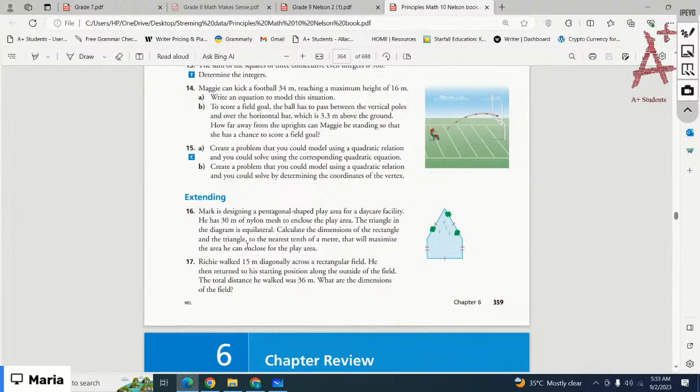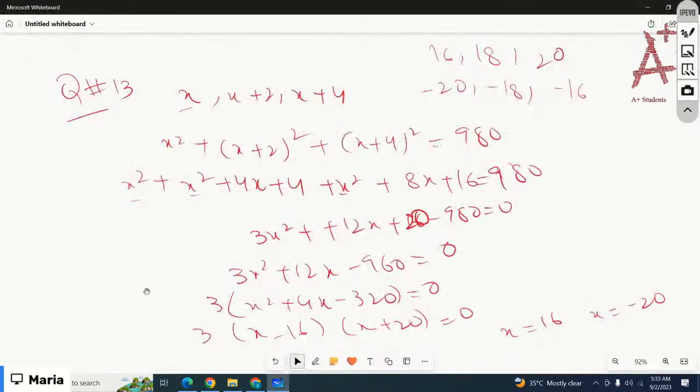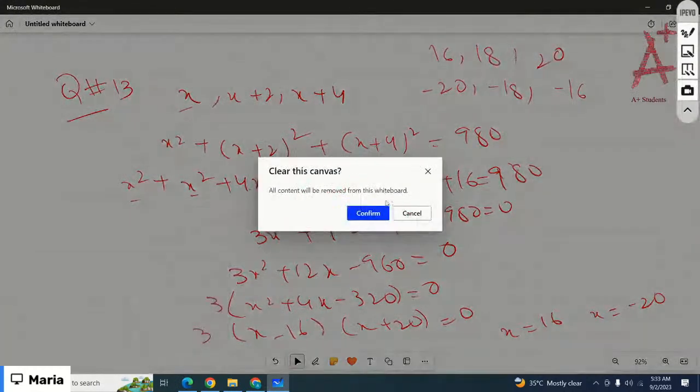Okay, question number 16 it is. So let x represent the side length of the triangle. The total length of mesh is 30 meters and there are three sides of length x.